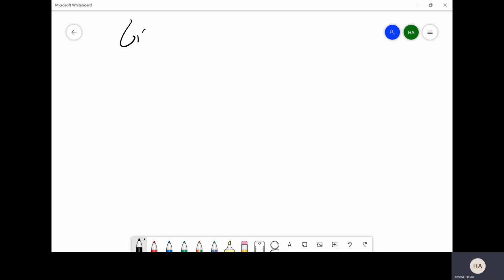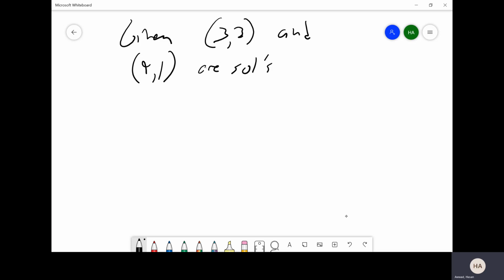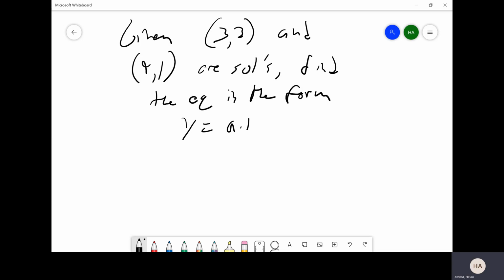Let's say given the following, (3, 3) and (9, 1) are solutions, find the equation in the form that I just wrote before: a plus b times log of x.